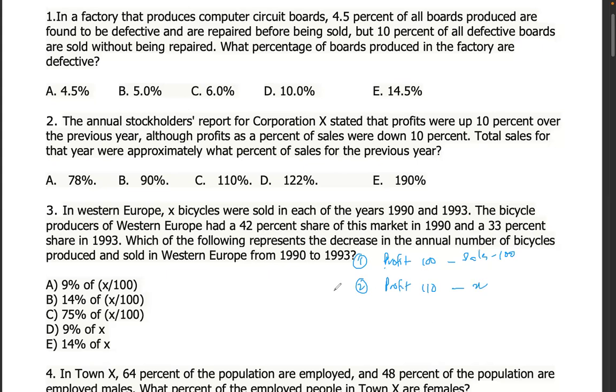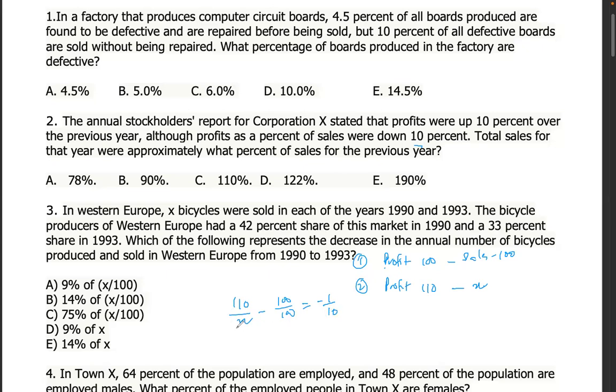Fine. Now, what you can do? Profit to sales is equal to down by 10%, minus 1 by 10.